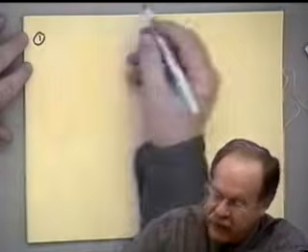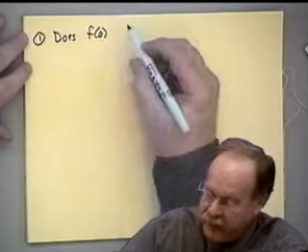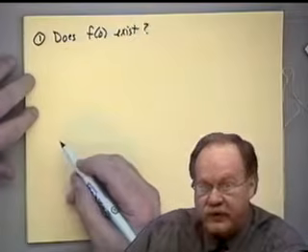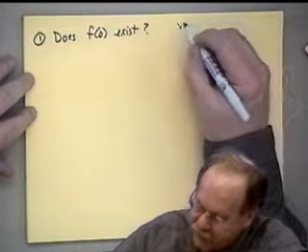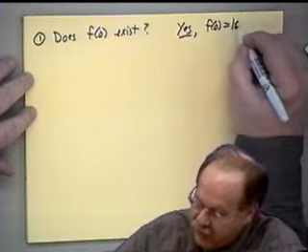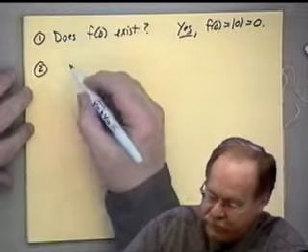So the first question we have to ask is, does the functional value at 0 exist? Well, the answer is yes, because f of 0, which is the absolute value of 0, is in fact 0.